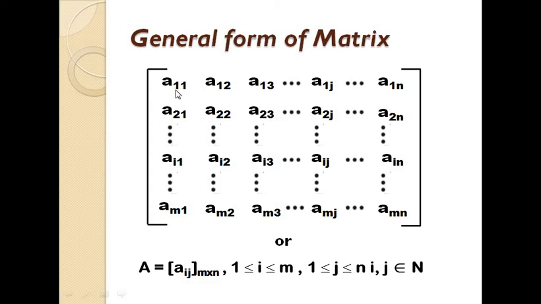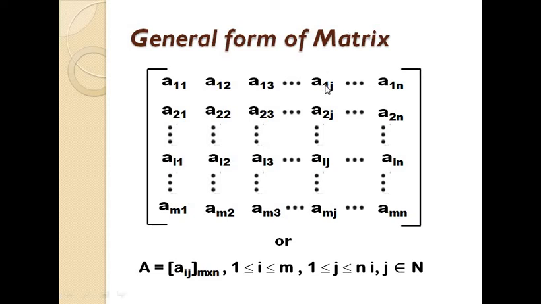The first number shows the row number of that particular element, and the second number shows the column number of that element. So A11 means the element in the matrix at row number 1 and column number 1. Similarly, A12 is at row number 1 and column number 2.